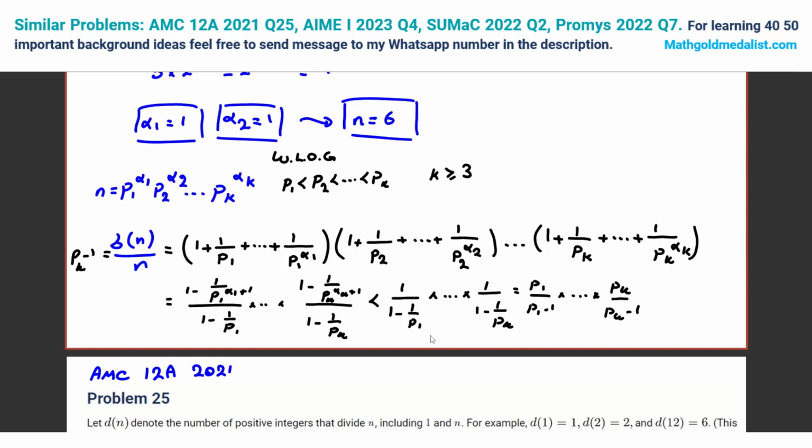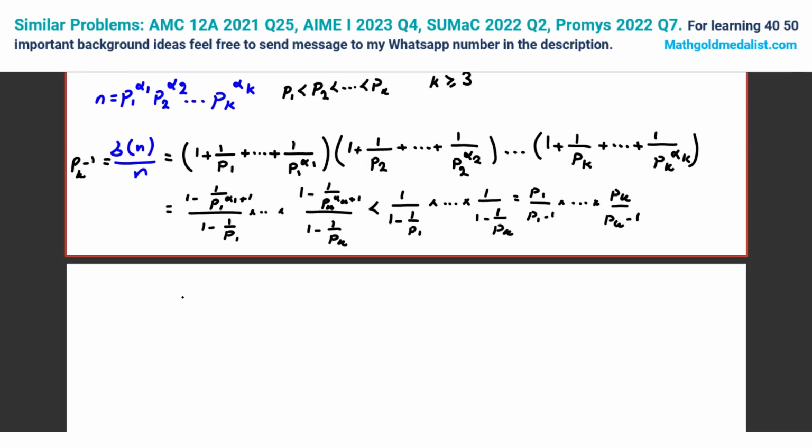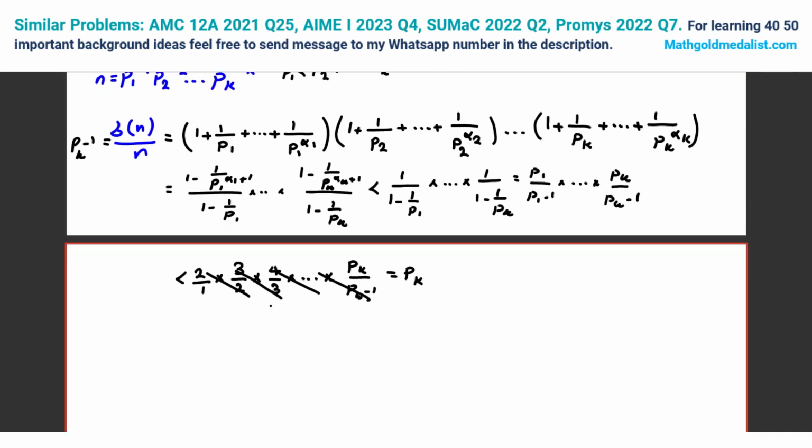Now, because they are different primes, p1 to pk, we can say it is less than or equal to, and because we have 3 primes, 2 over 1 times 3 over 2 times 4 over 3 up to pk over pk minus 1. Because all of them are greater than 1, we can conclude this. If we apply the telescoping rule, it will be pk. Now, 4 is not prime, so we don't have this term, and we can cancel this 4 over 3.